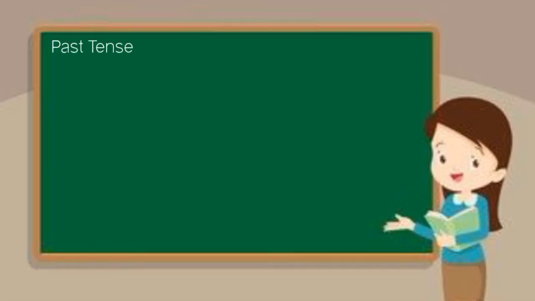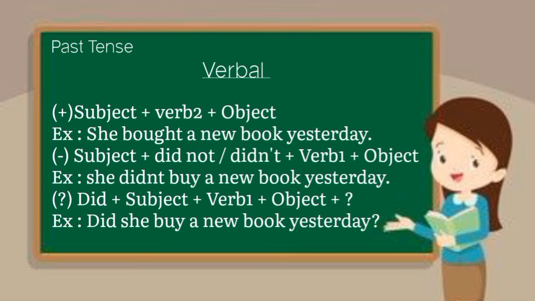Same as with simple present, there are two formulas used. The first is with a verb and the second with to be. When it is verbal, the pattern is subject, verb 2, and object. Example, she bought a new book yesterday.